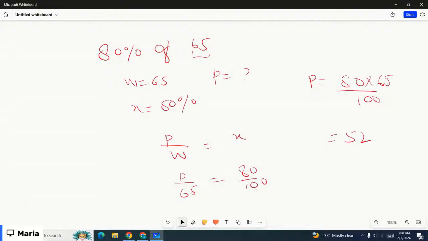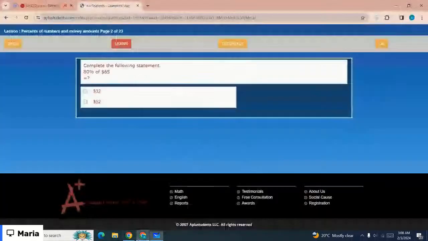So 80% of 65 is 52. The correct option is 52, right?